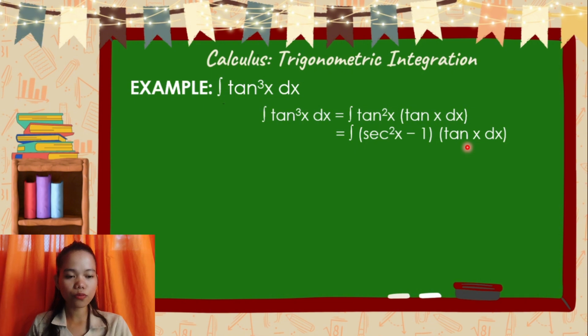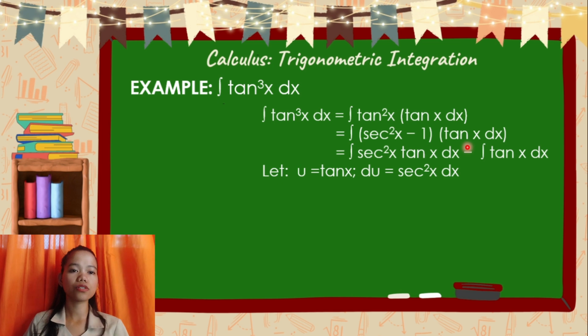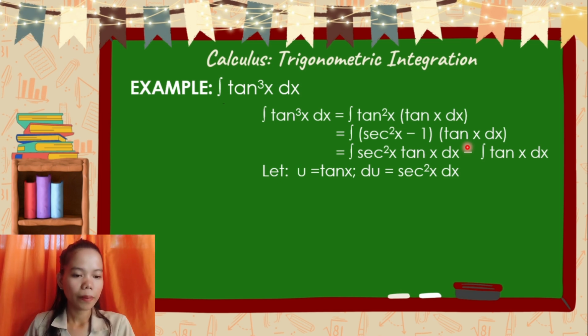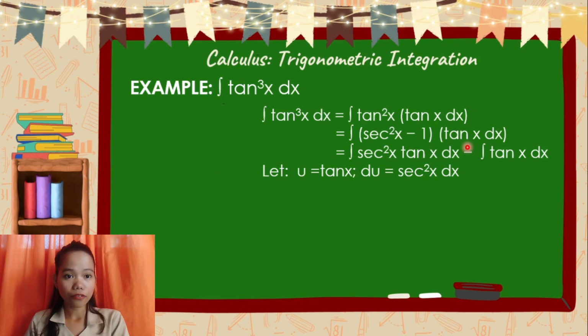Right after this one, we can now apply the u substitution. Our u substitution, we let u be equal to tangent of x, and the derivative of our tangent of x equals secant squared of x dx.